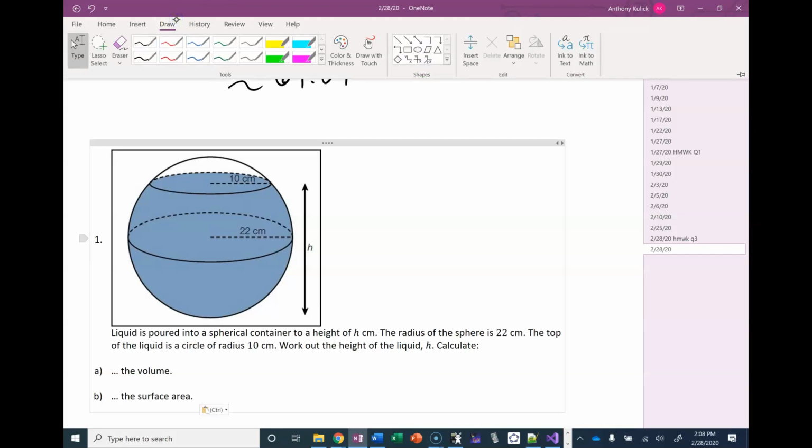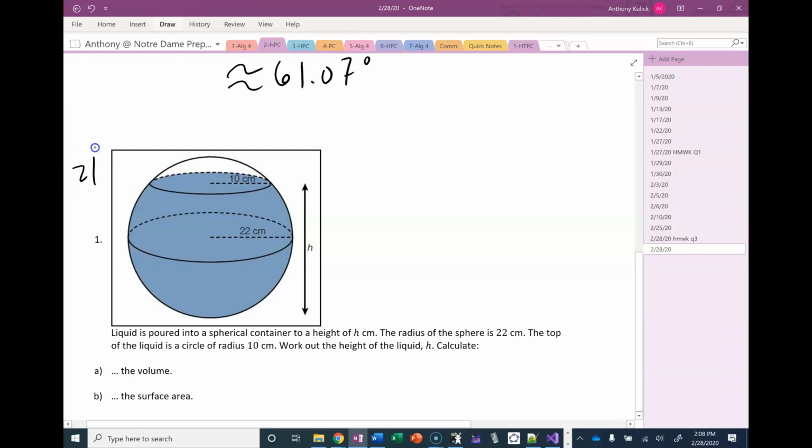Okay. So this is 21, you said? This is the right one, correct? Okay. Liquid is poured into a spherical container of height h. The radius of the sphere is 22. The top of the liquid circle is radius 10. Work out the height of the liquid h and then calculate the volume and surface area.